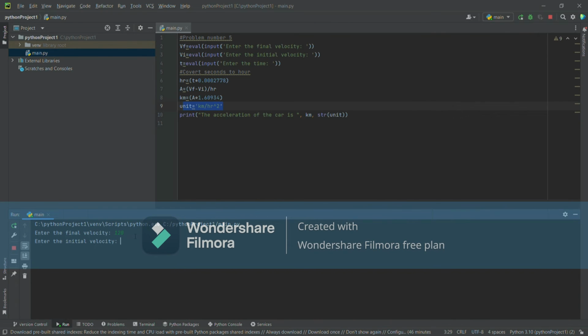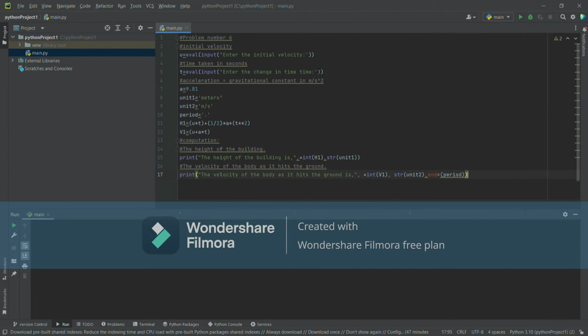The initial is 0 because there is no given initial velocity, and the time is 10 seconds. So we come up with the value of 69,517.926 etc. kilometer per hour squared, and this is the acceleration of the car on the given problem.